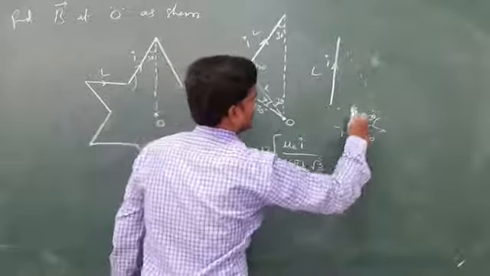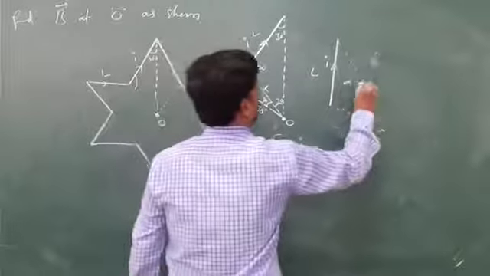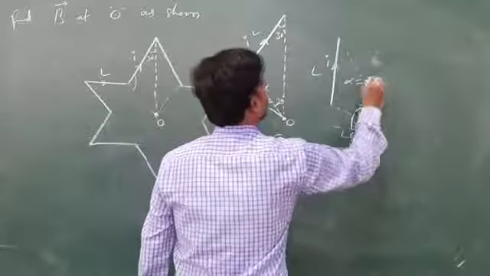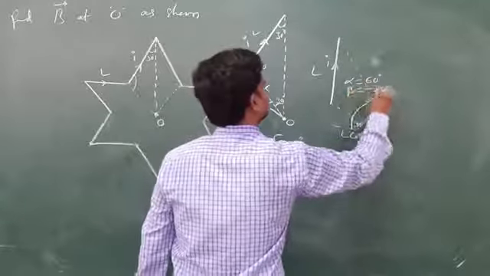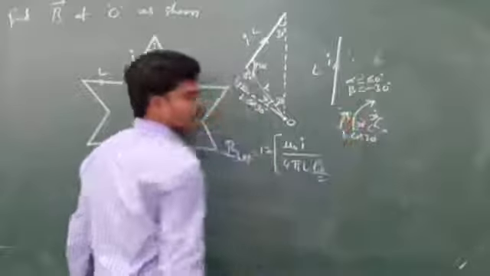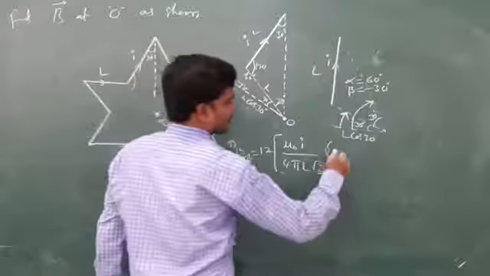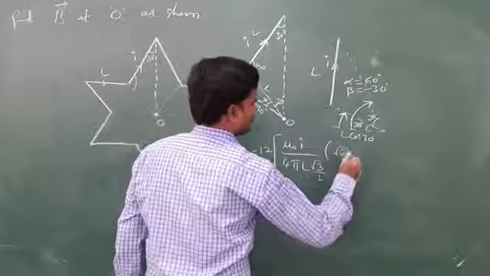And what is alpha? Alpha is 60, beta is minus 30. See, this is beta: sin 60 minus sin 30, root 3 by 2 minus 1 by 2.